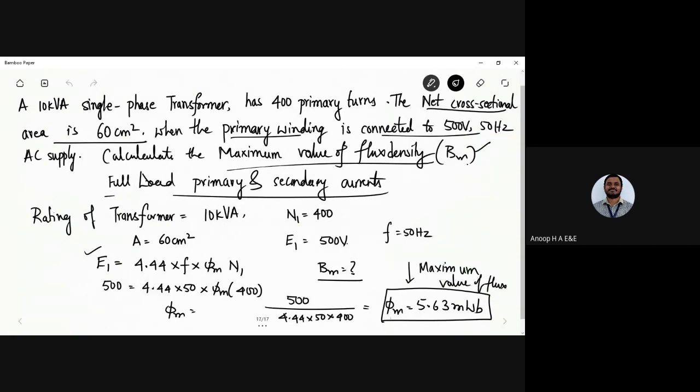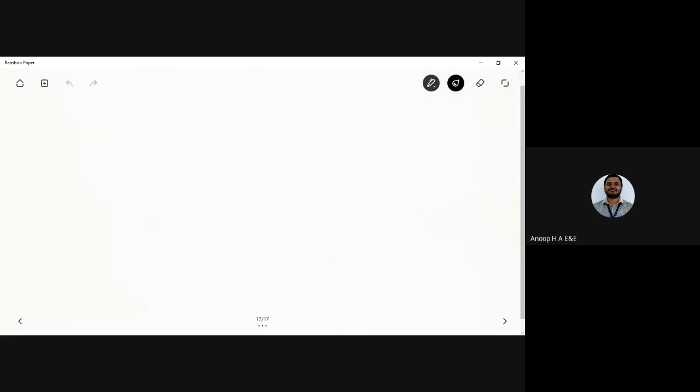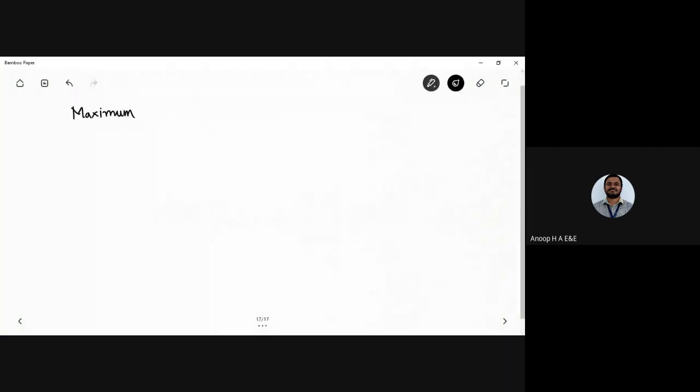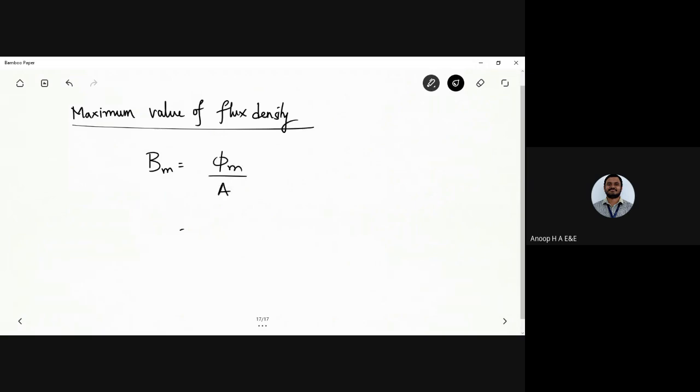Next, how do I find the maximum value of flux density? Bm is equal to phi m divided by A. So that is 5.63 into 10 power minus 3 divided by 60 into 10 power minus 4, which is 5.63 divided by 60 into 10 power 1.